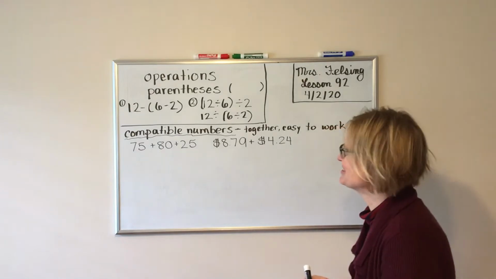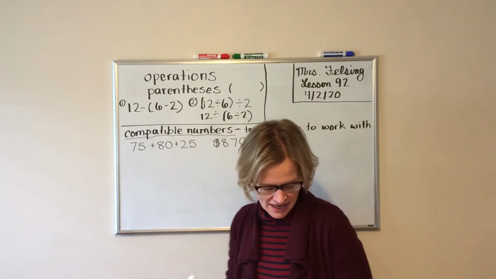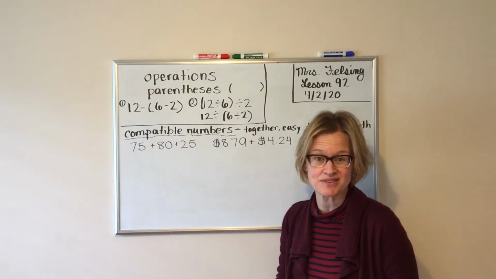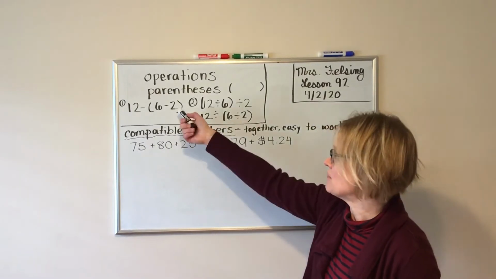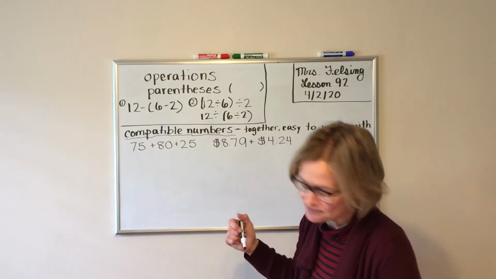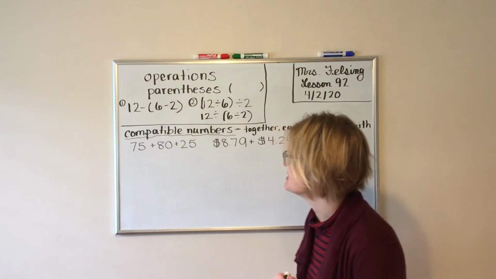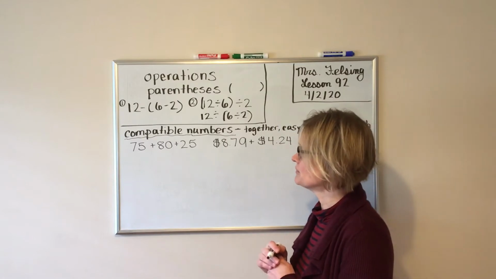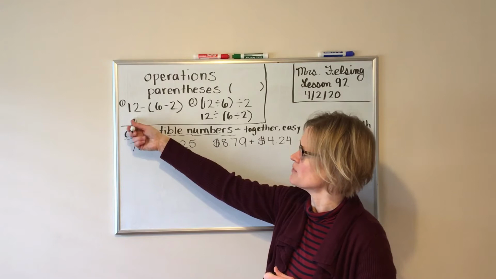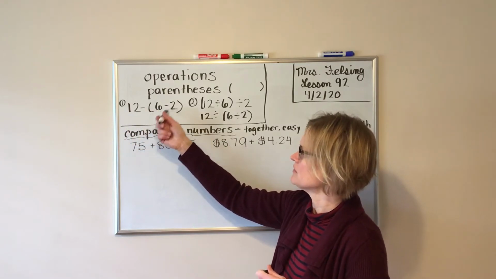All right, so let's take a look at this first one. This is also example 1 on page 500. So if you want to follow along, this is what I'm doing. It has 12 minus, and in parentheses, 6 minus 2. So we don't just go right across and say, okay, 12 minus 6 is 6, 6 minus 2 is 4.